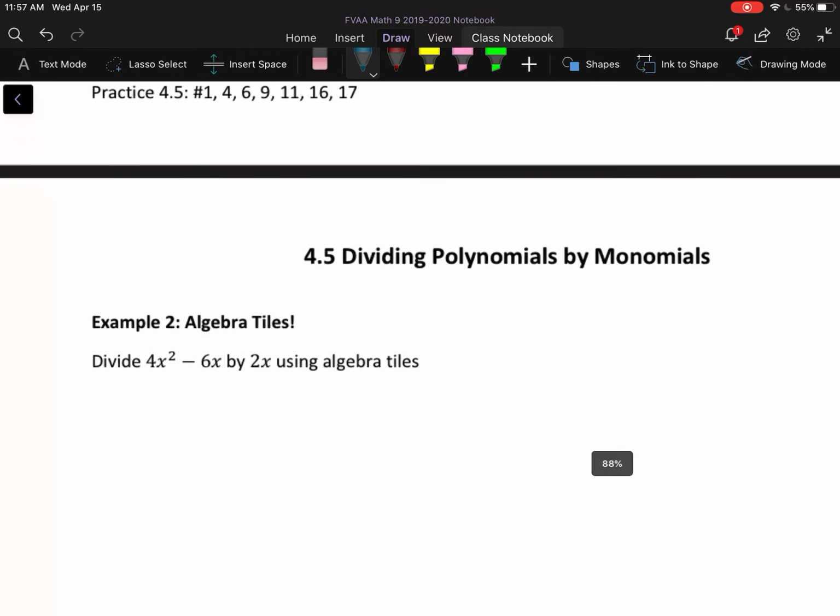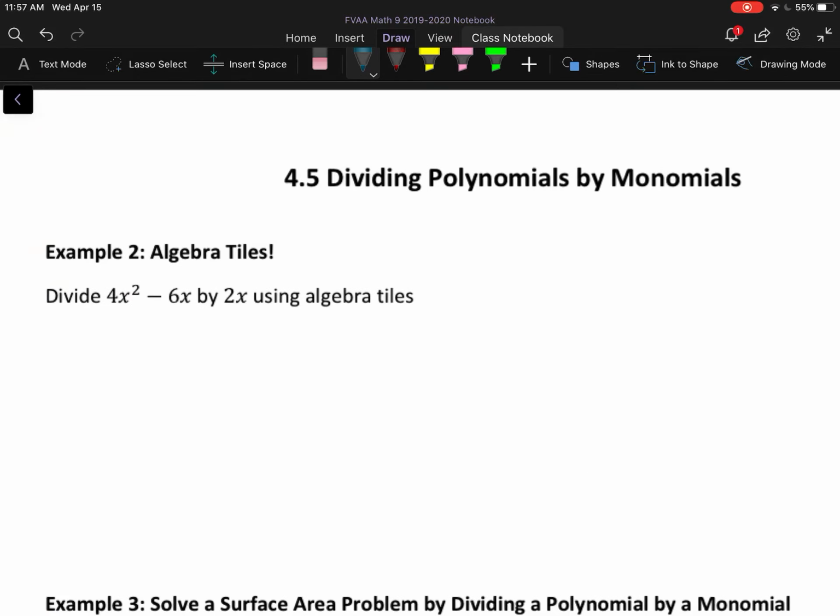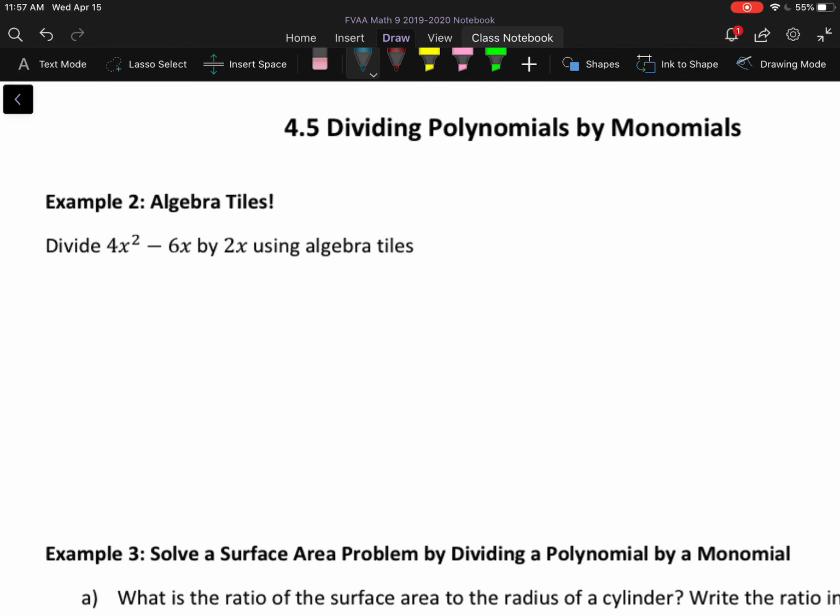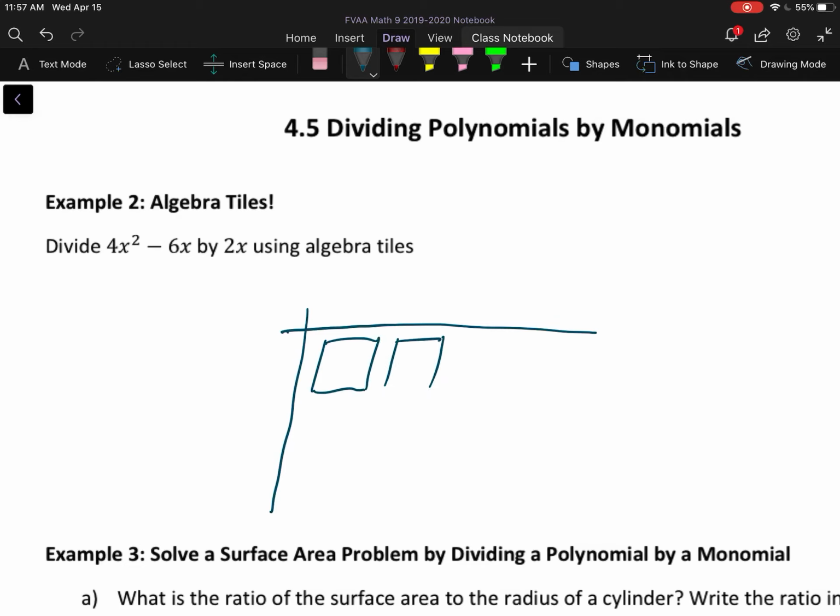All right. How do we visualize this with algebra tiles? When you're dealing with algebra tiles, it's just like we were dealing before. You have to draw your tiles in some kind of rectangular shape. So if I have 4x squared, it's 4 x squared tiles: 1, 2, 3, 4.